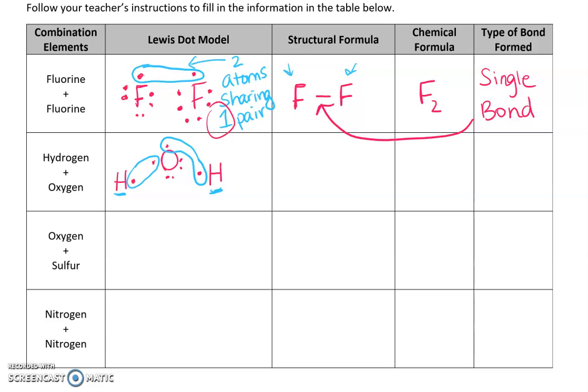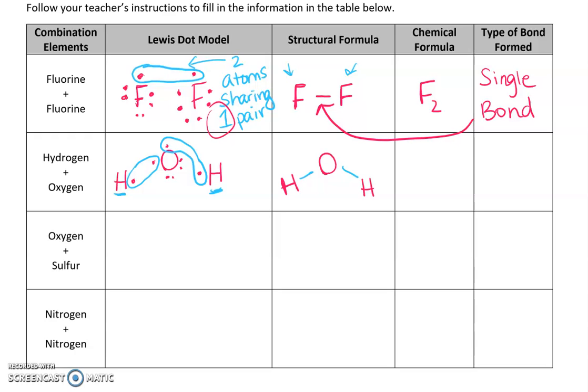So if we were to draw what their structural formula would look like, we have hydrogen, and it has a single bond here with oxygen. And then we have another single bond with the other hydrogen atom.